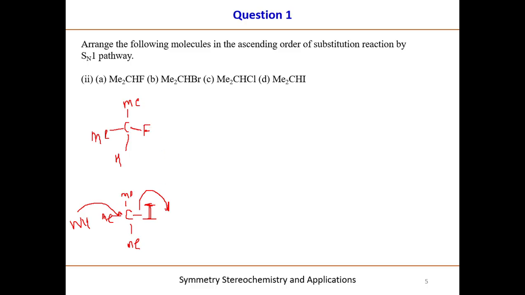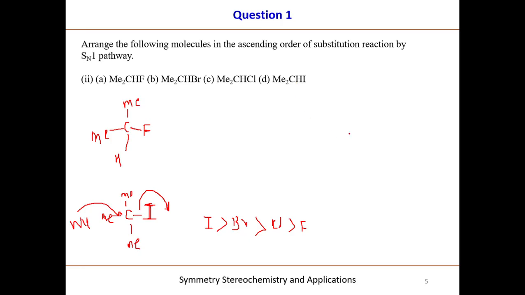So here, the molecule with iodine will show the highest rate of reaction, then bromine, then chlorine, because these are good leaving groups. Fluorine is also a leaving group, but not as good as iodine. So iodine is a good leaving group, so it will easily form the carbocation.